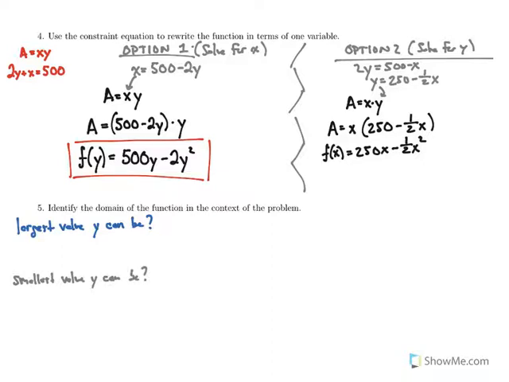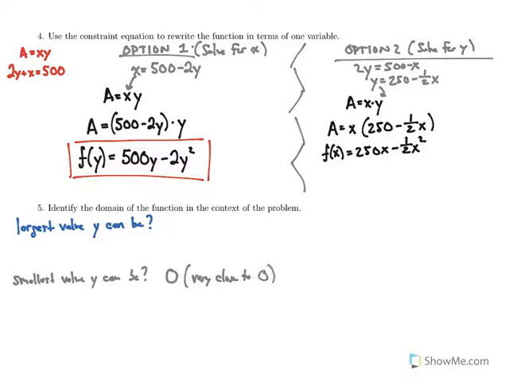And I would say one of those questions is easier than the other. In this case, I think the easier question is, what's the smallest value y could be? I think the answer is 0, or at least very close to 0.